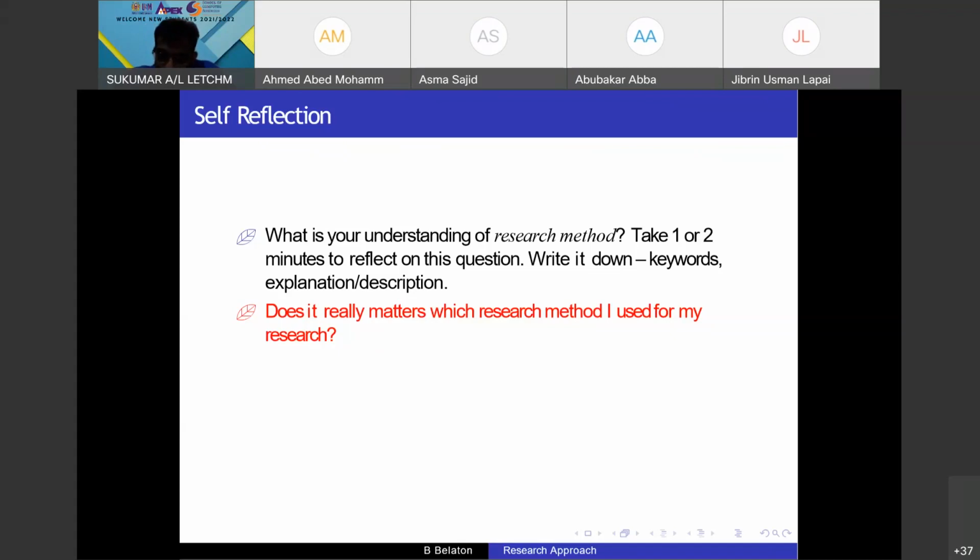Does it really matter which research method I use for my research? It depends on your school, the school of computer science, and the topic or area you are using. Some lecturers are very strict. They want a certain kind of research method to be followed.